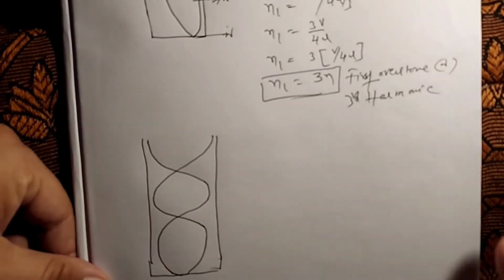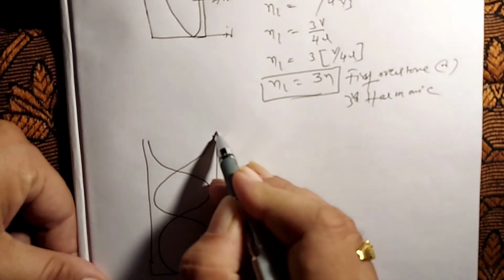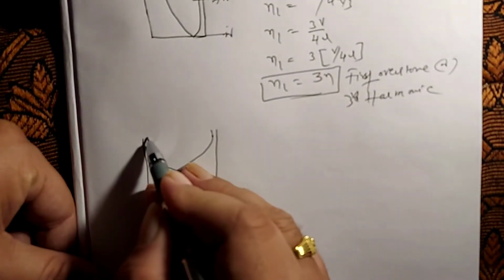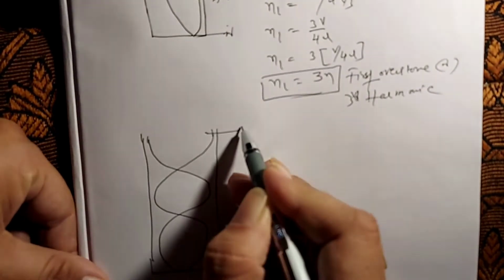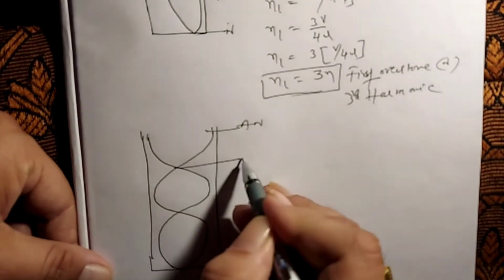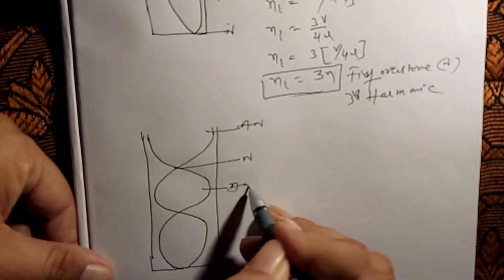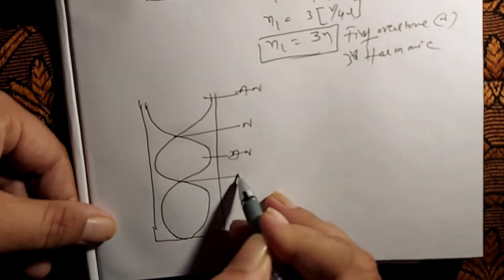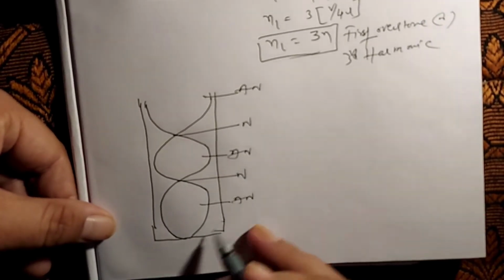There are 3 antinodes and 3 nodes: this is an antinode and this is a node, this is an antinode and this is a node, this is an antinode and this is a node.